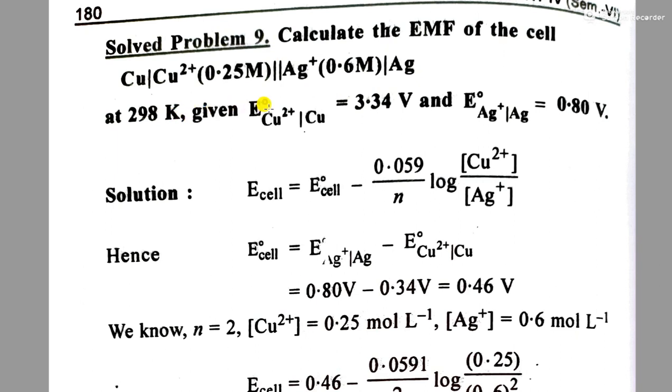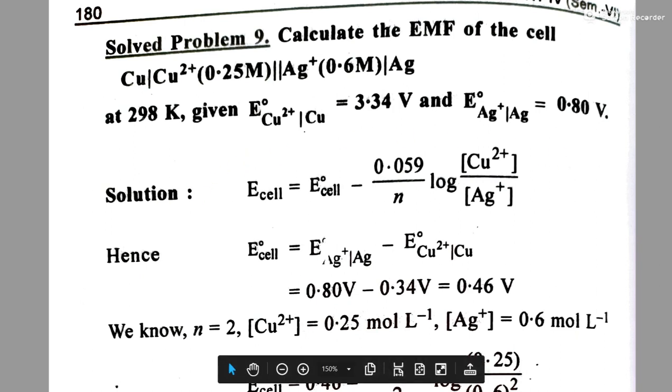We are given the E0, that is the reduction potential of Cu2 plus to Cu, as 3.34 volt, and E0 of Ag plus to Ag is 0.8 volt. Here also there is a correction. If you see the electrochemical series, you can know that the value is 0.34 volt only. So it is not 3.3, it is 0.34 volt.